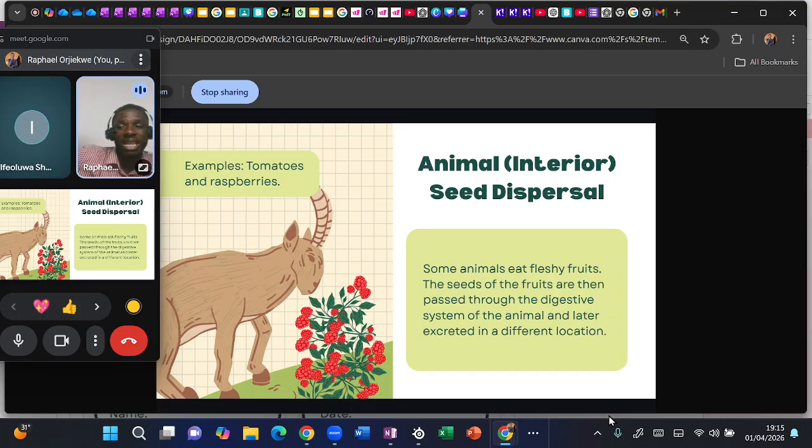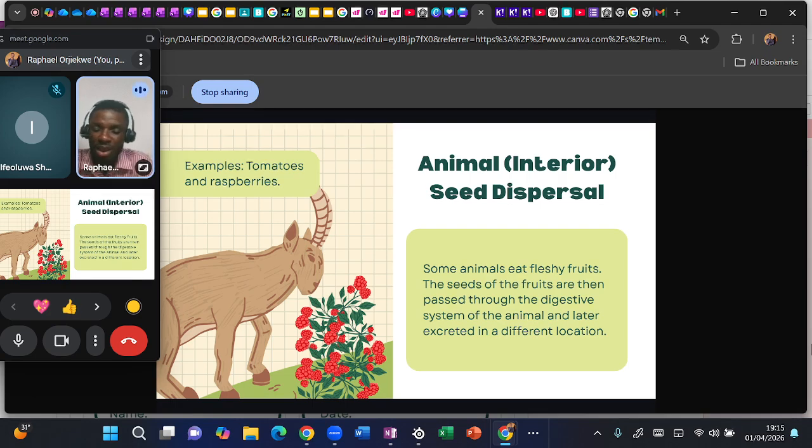And wherever it's released, it's going to start growing there, except if the soil conditions of that area do not support the plant growing. But the chance of it growing is very high. There are high chances that it's going to germinate or grow, due to the manure or the conditions of the soil, or the abode where the animal was living.